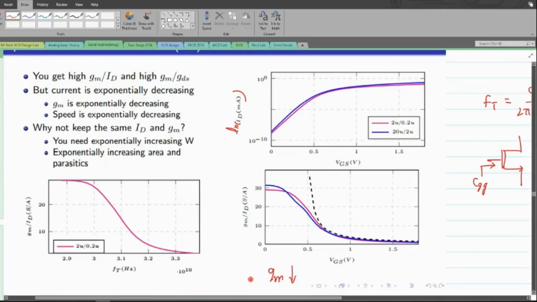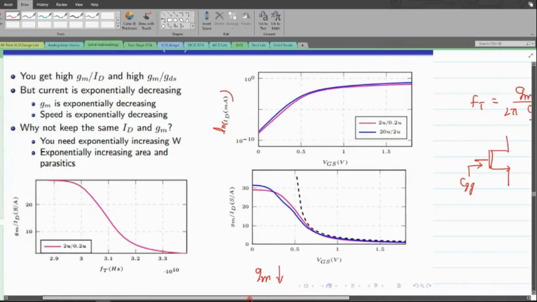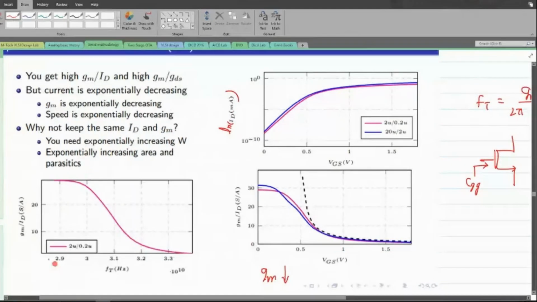Why the speed of the circuit gets degraded is just because of the relation that I've mentioned. When you reduce the value of GM to maintain a constant GM over ID in the weaker inversion, we end up having FT reduced. The speed of the circuit gets reduced, and the same is reflected over here. Whenever you are operating in the weaker inversion, we know that GM over ID is high, and these are the corresponding values of FT that I've plotted over here.